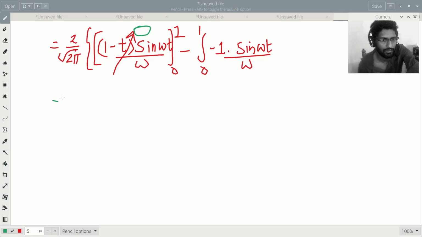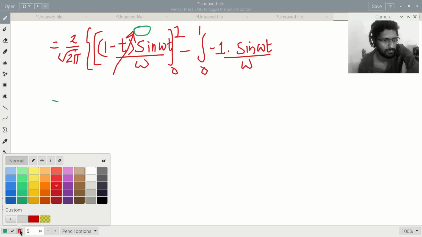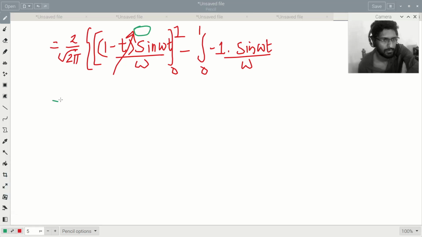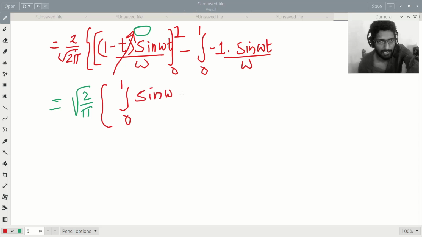So this is equal to 2 by root 2 pi. We can write it as root 2 by pi, no problem. Then you have the integral from 0 to 1 of sin omega t upon omega.